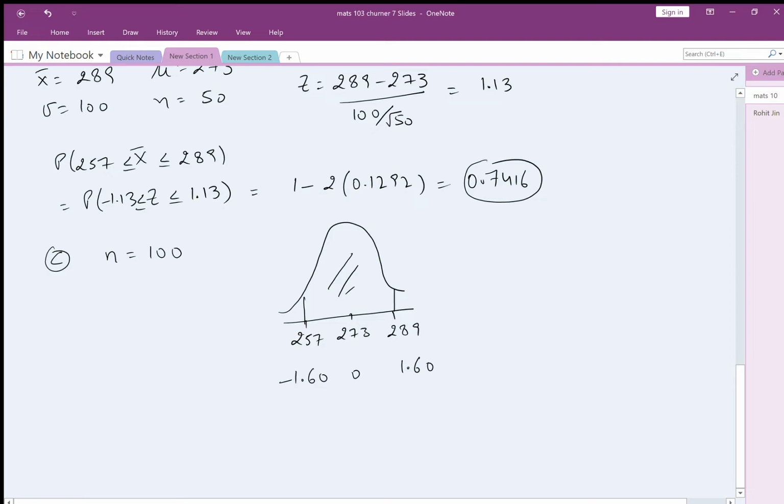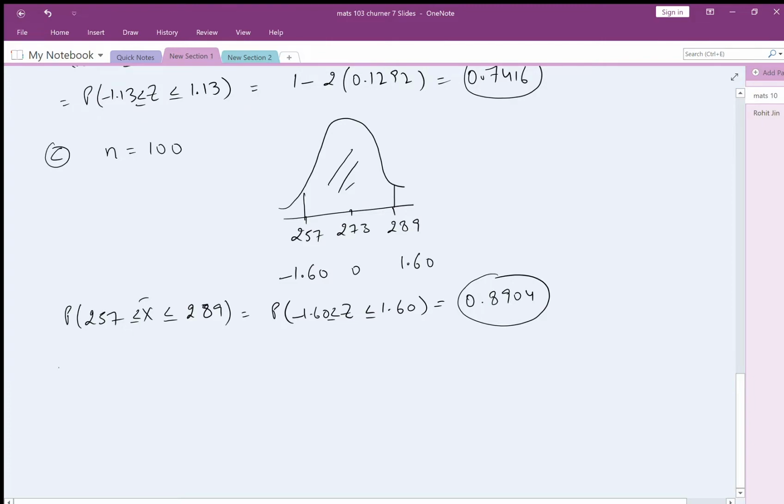Then your answer should be, the probability that x bar is between 257 and 289 is equal to the probability that the z-score is between negative 1.60 and positive 1.60, and you should get an answer of 0.8904.